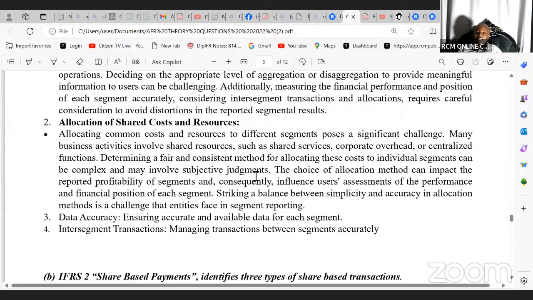Ladies and gentlemen, remember, intersegmental transactions are those transactions where we have departments serving each other. Assuming we have two departments, for example, one department called kitchen, where our staff are eating, right?